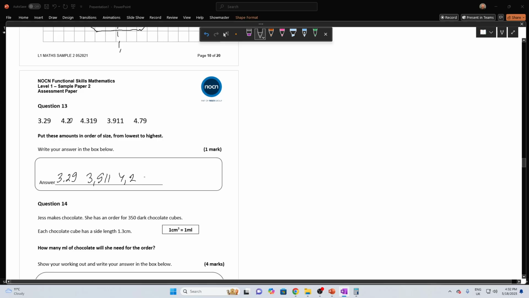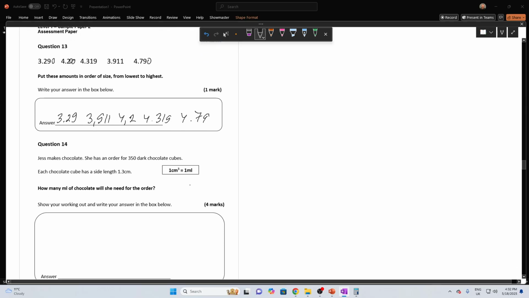Then we're going to have 3.19, and the last one is going to be 4.79. To make it much easier for you, you have 3 decimal places on two of the numbers, so simply add zeros here, so you will see your numbers. It's going to be much easier for you to put in order. But when you write it, write the numbers which you have.